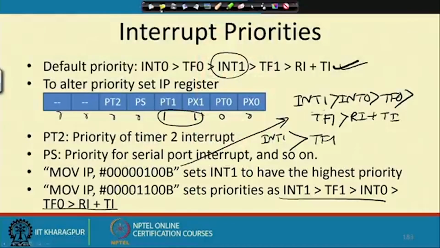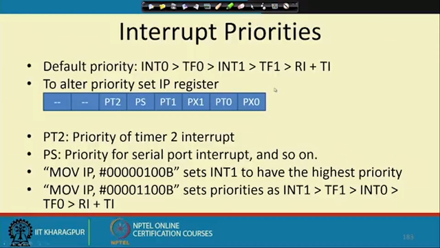So you may require the priorities to be different. Instead of changing the hardware connection, you can just change the interrupt priority pattern, so that the changing priority will be taken care of.